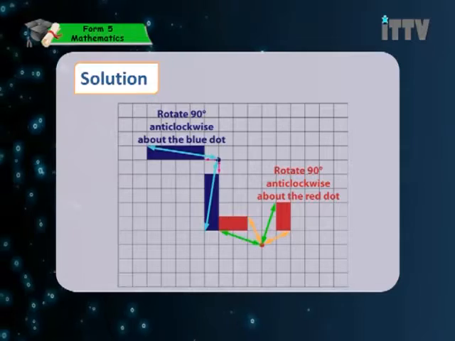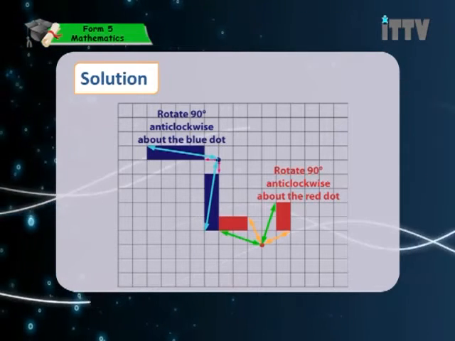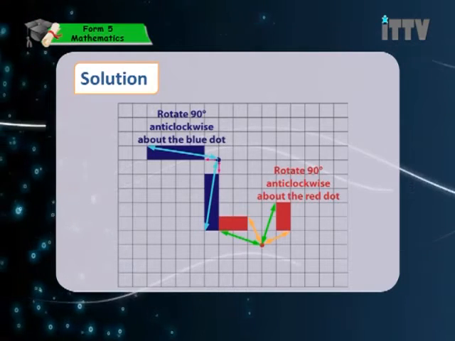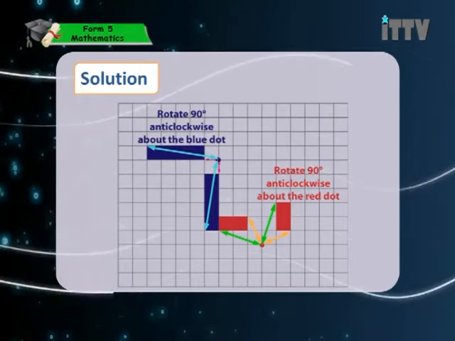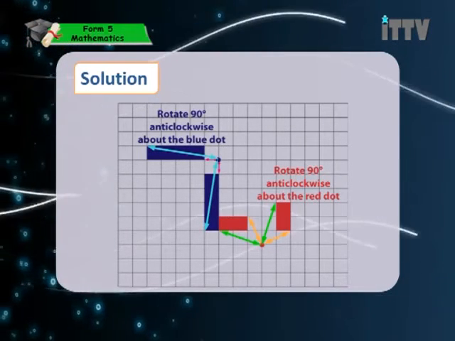Take a look at this diagram right now. Take a look at the blue object first. Notice that we have rotated it 90 degrees anti-clockwise. Just visualize the movement, and you will arrive at an image. Take a look at the arrows that are formed.